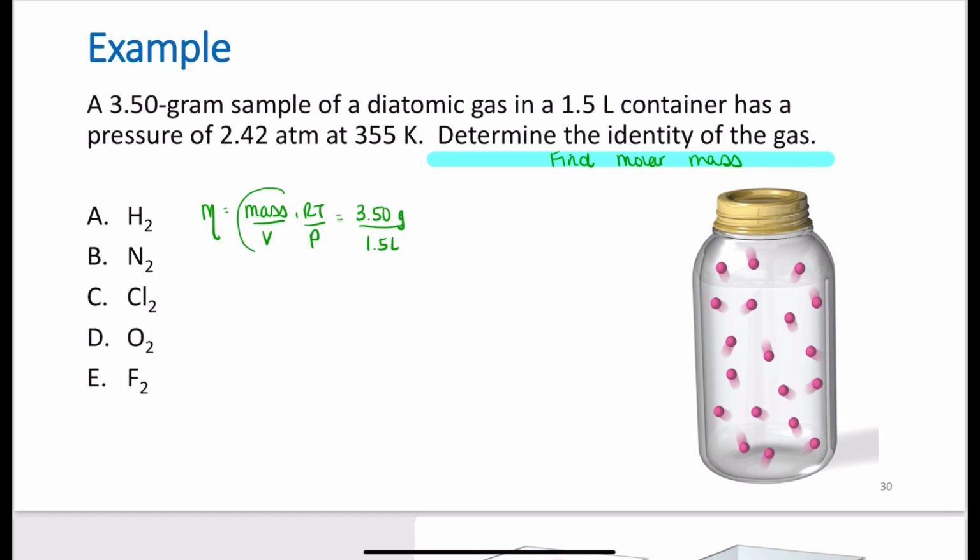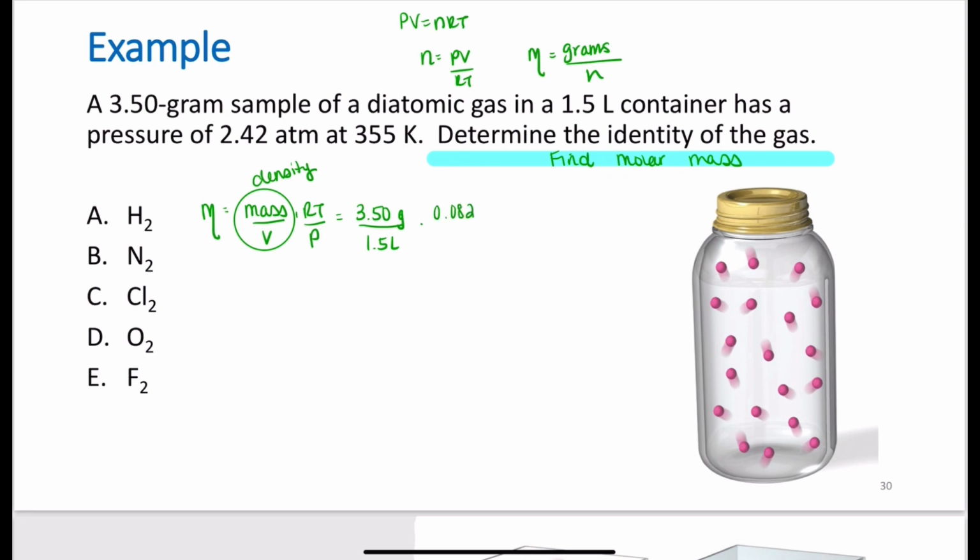Again, writing this like this represents my density. I could also do PV equals nRT, solve for n, and find molar mass by taking the grams divided by n. It's going to get you the same result.